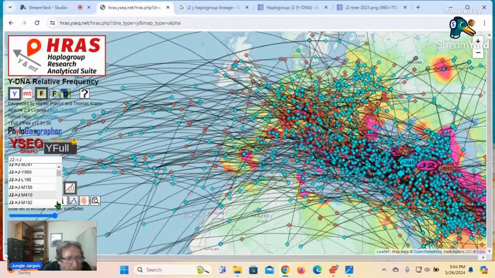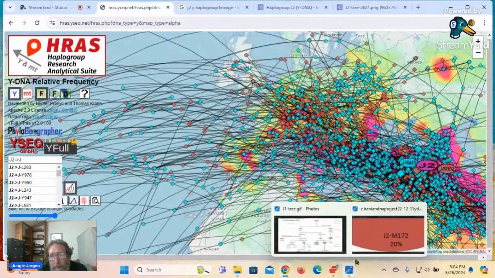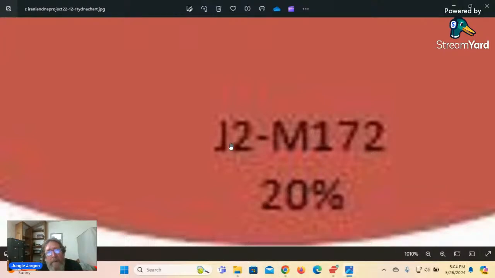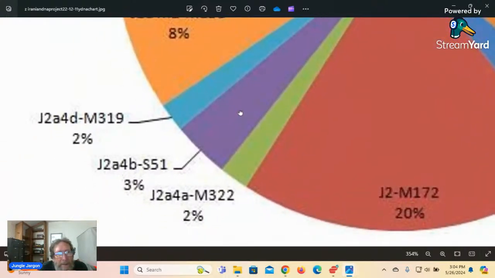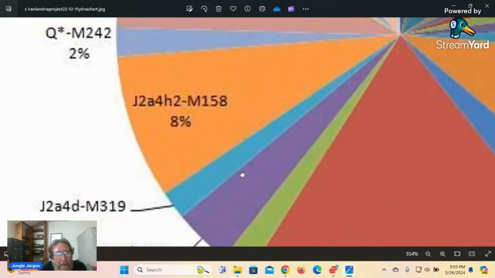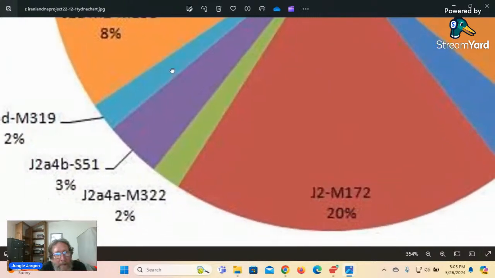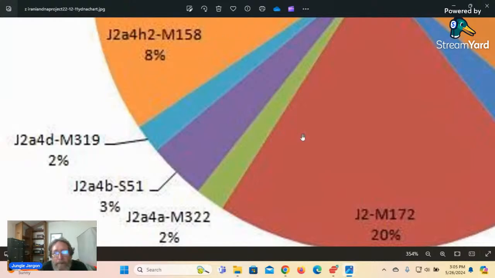There's a 410, there's a 102. Let me see. Oh, this is what I'm looking for here. Let's see if I can get these numbers here. We're looking for M319, S51, M158, and M322. So these are what we're looking for here.